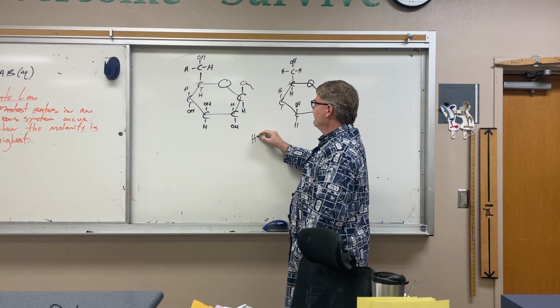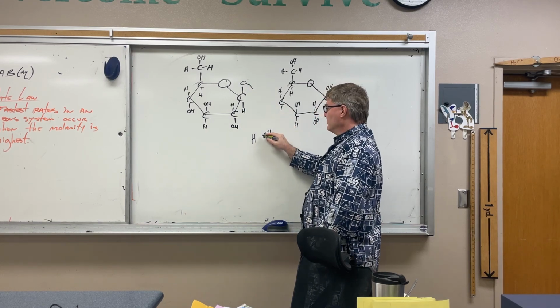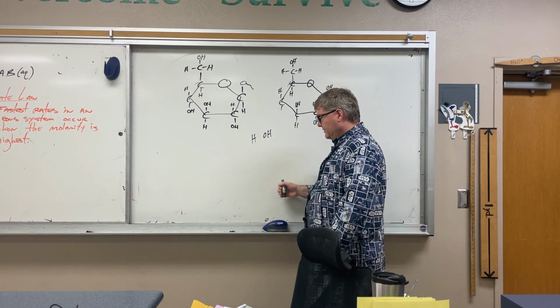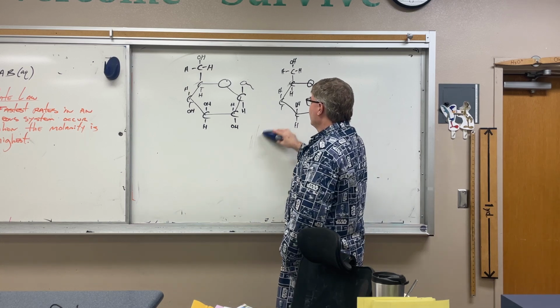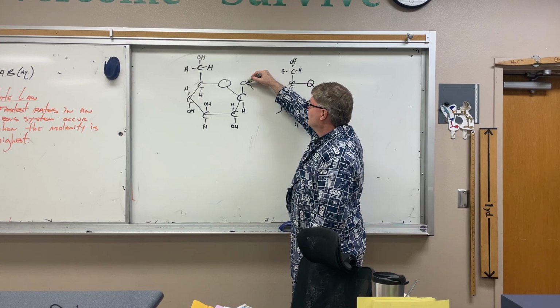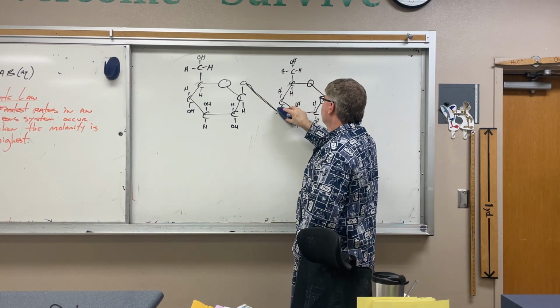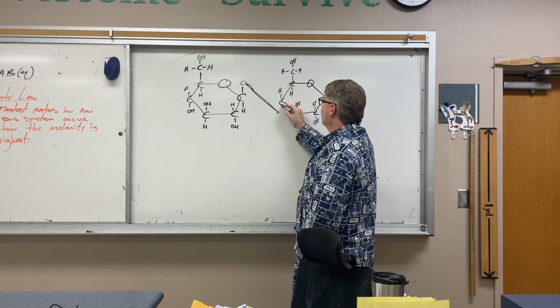So what you end up with is an H clipped off there and an OH clipped off there. Those react to form water. And so you have a dangling bond down here, a dangling bond there, and so these bonds can be hooked up. I just draw it like this.